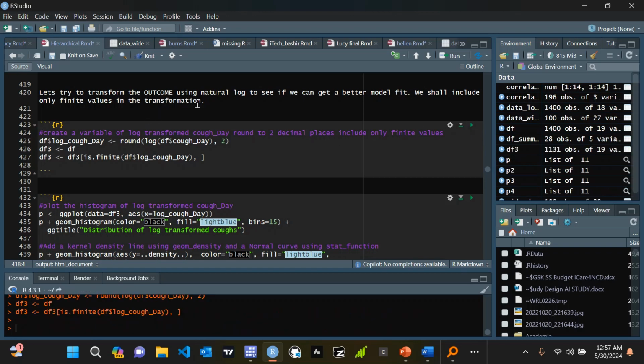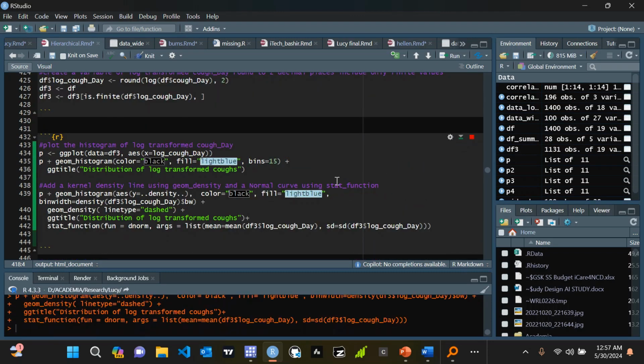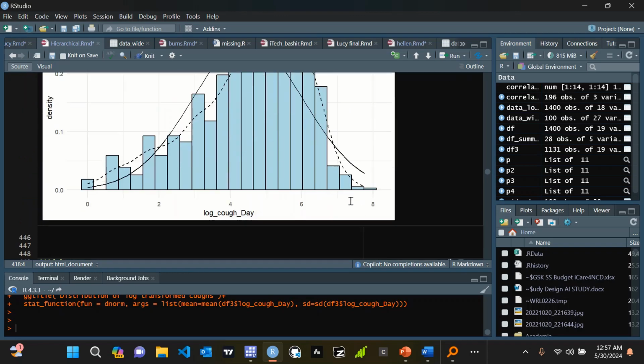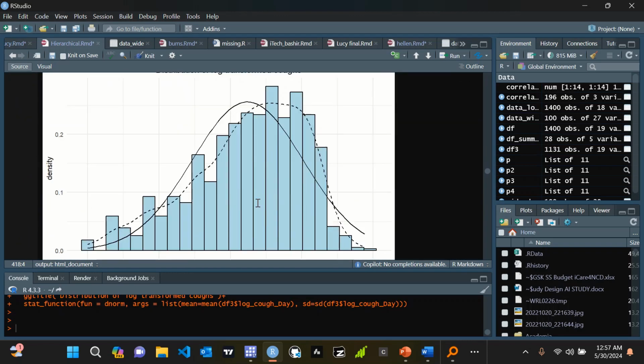So let's do it by only including the finite figures. As you can see, it tends to become a normal distribution, although it still has that skewness, but if we remove the outliers, you can see that it can come into a normal distribution. This is a log transformation.